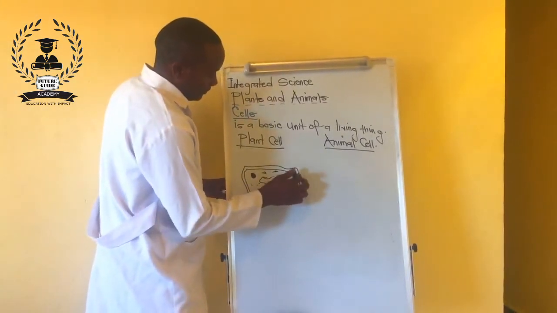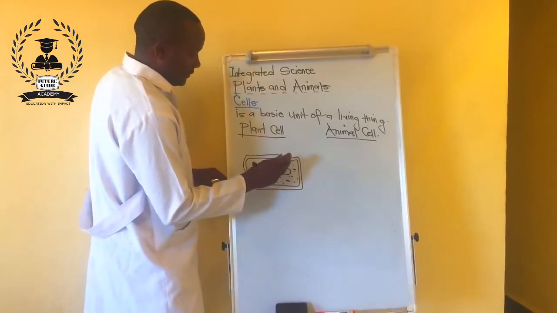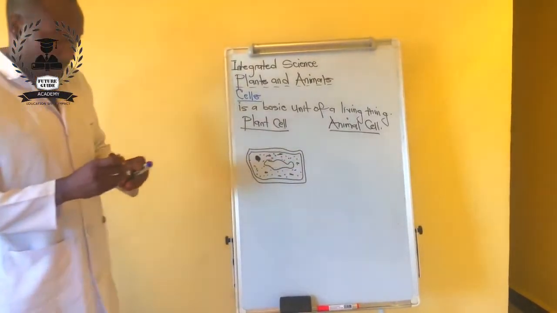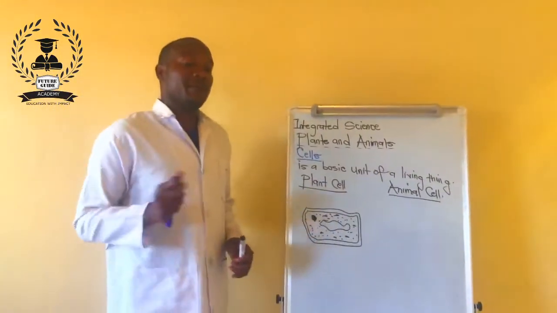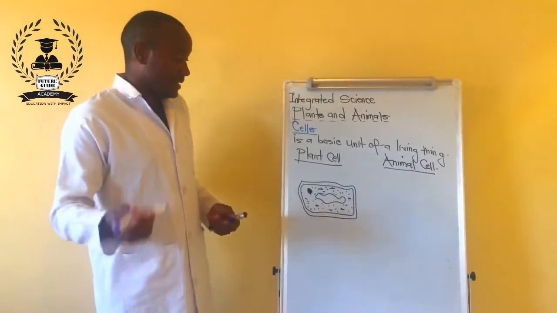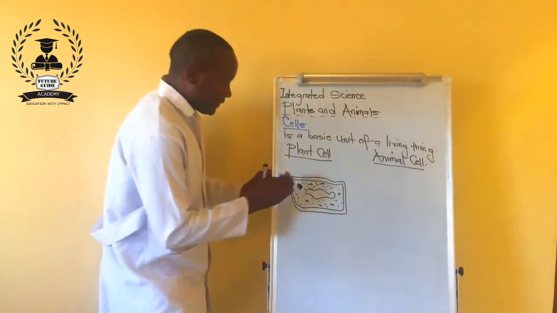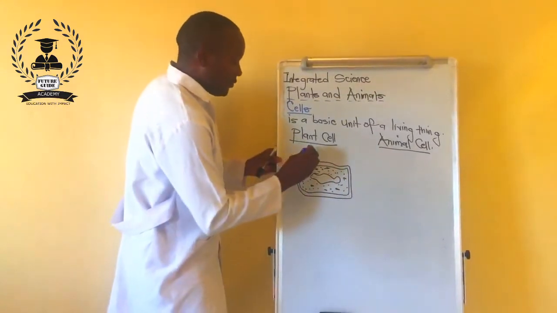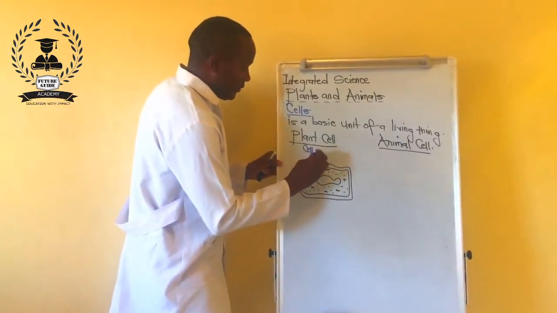Okay, it's something that looks like that. Now what are some of the parts? Because in an exam we'll ask you to mention one or two of those parts and their functions. Now let's start with the outer part. The outer part is what we're going to call the cell wall.